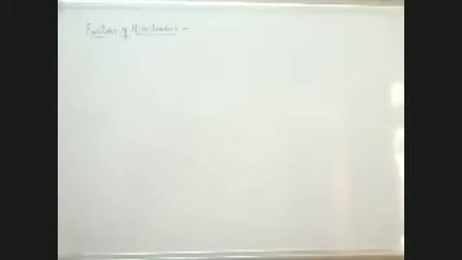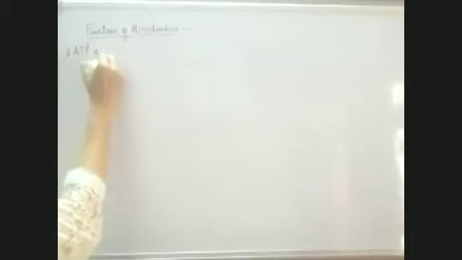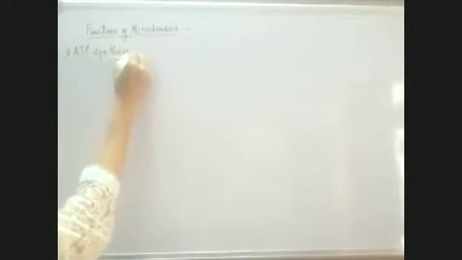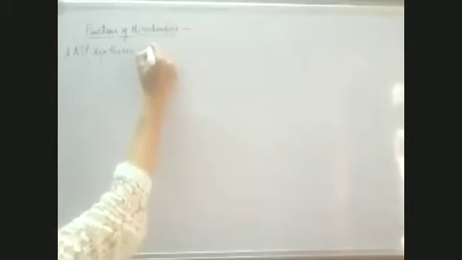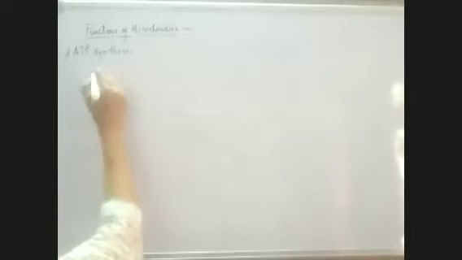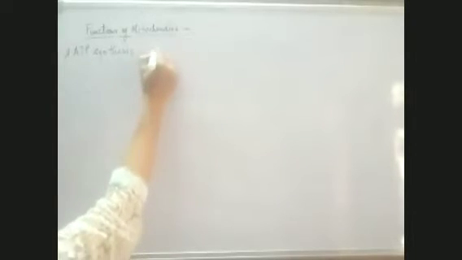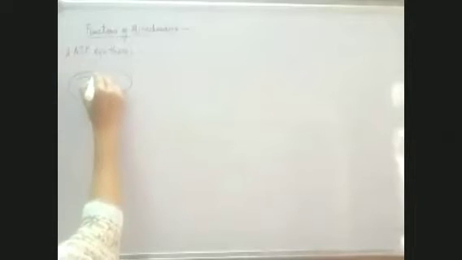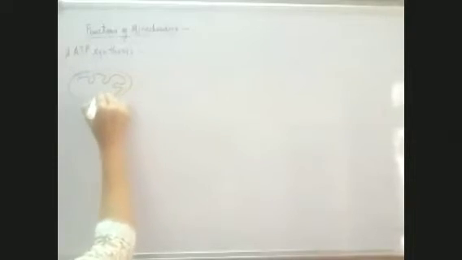Now, children, we were doing the functions of mitochondria, and I start with the first function, which is ATP synthesis. What is this ATP synthesis? Yesterday I told you there are structures arranged on the inner membrane of mitochondria. This is the mitochondria. This is the inner membrane, which has invaginations known as cristae.